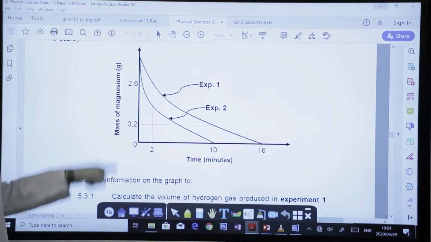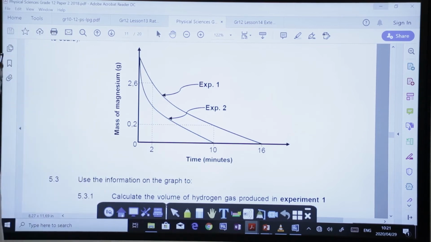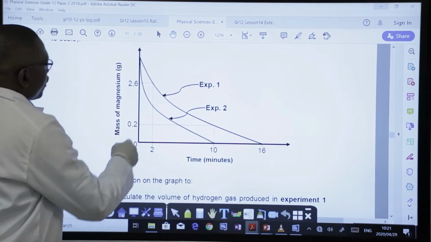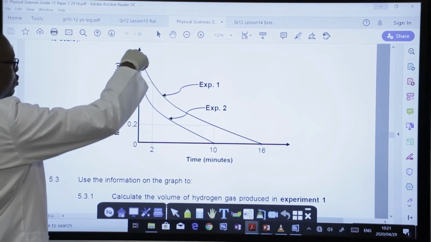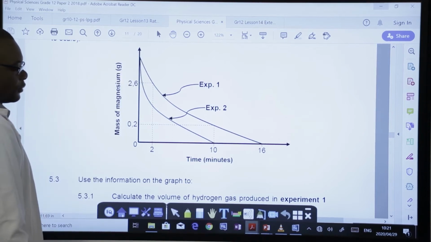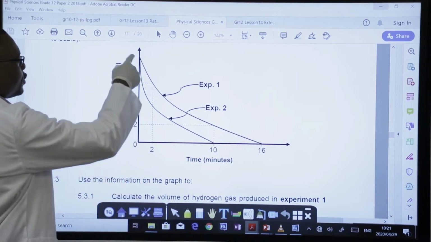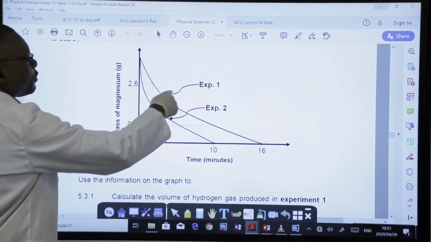This is a measure of the mass of magnesium in grams versus time in minutes. The mass, we can approximate to something like 3 grams at time 0. This is for experiment 1.